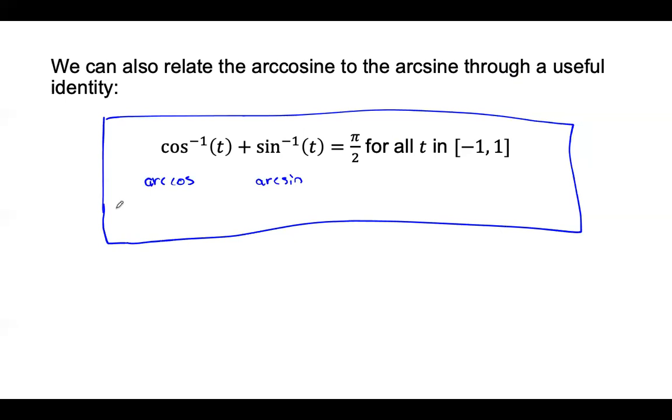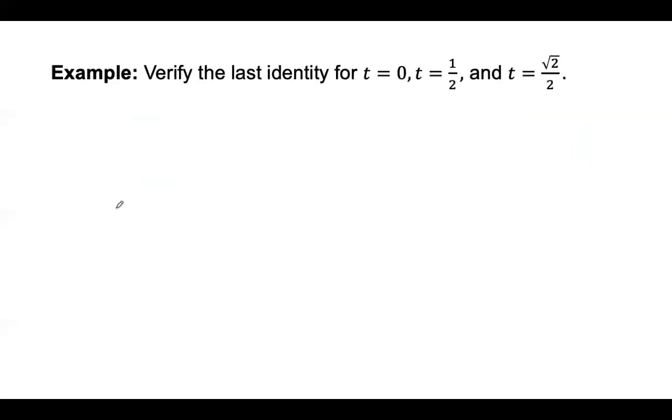We could use this identity to solve problems, and we could verify it. We can't actually prove it, that will be a little bit too difficult. So let's verify this last identity for various values of t.